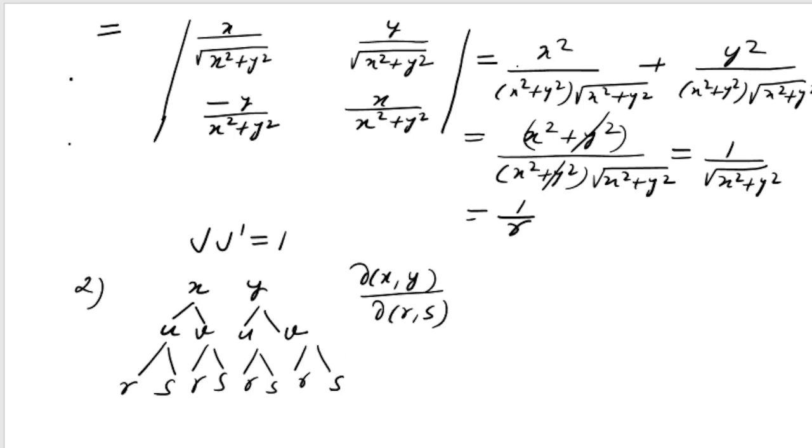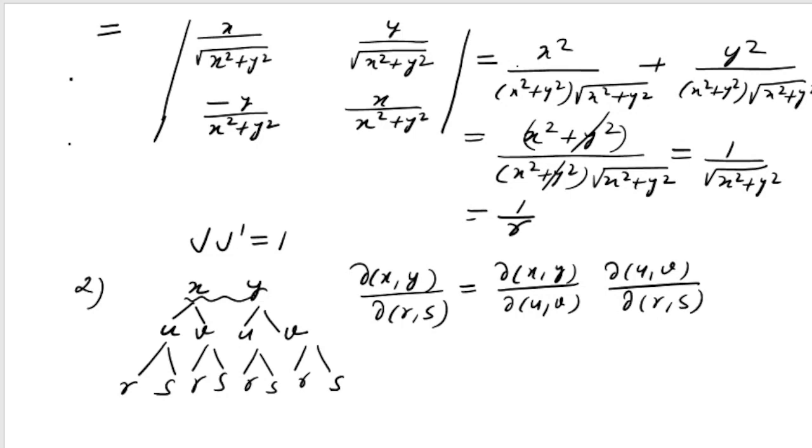So to find this Jacobian of transformation, we can write del xy by del uv, that is, first with respect to uv I find the Jacobian of transformation, and then del uv by del rs.